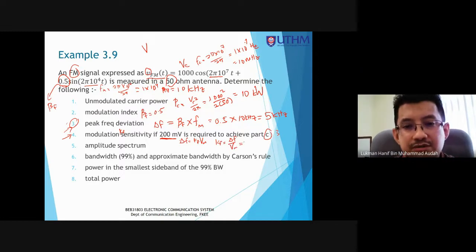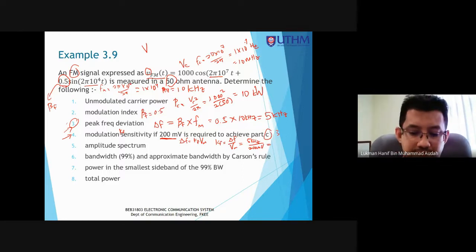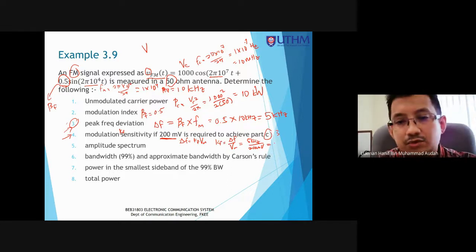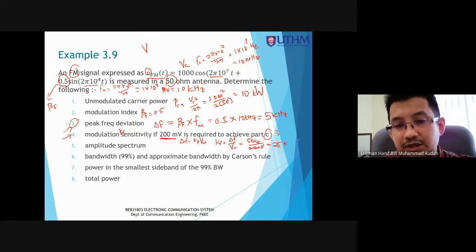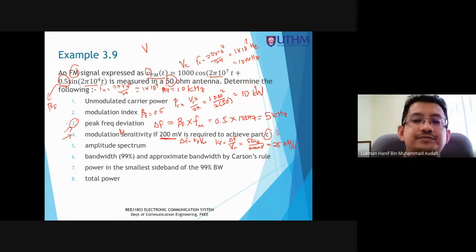That means 5 kilohertz divided by 200 millivolt. How much is this? Try to calculate, 5K divided by 200 milli. You get 25,000, or I can write 25K. What is the unit? The unit is hertz per volt.